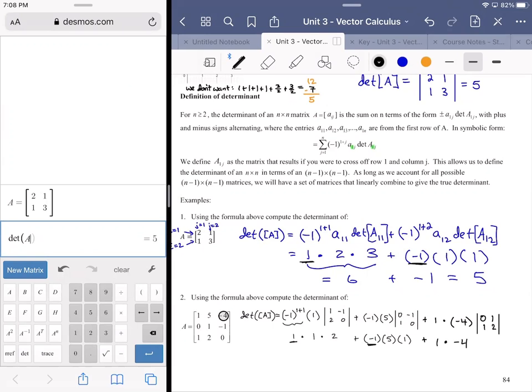Diagonal down is 0, diagonal up is 1, 0 minus 1 is -1. So we got 2 plus -5 plus 4. Result, be a 1. 6 minus 5 gives you a 1. So looks like we're in pretty good shape there.